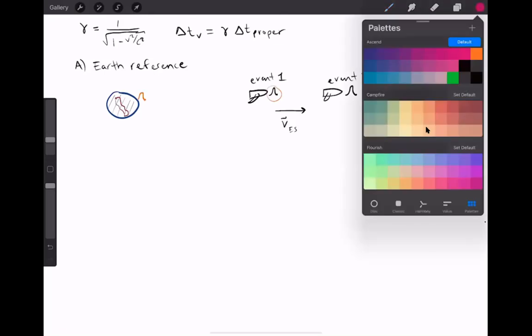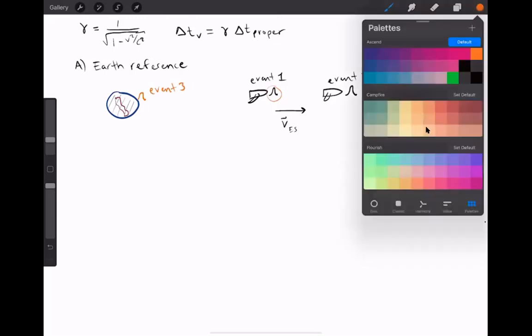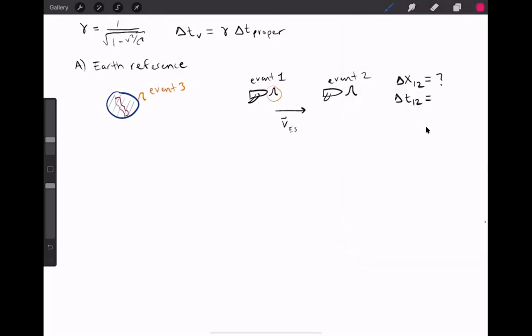Then this one in orange right here is event three, that's where you get it. Event two is when it happens on the spaceship. But then event four is going to be when it reaches Earth. So it's not exactly the same thing, right? It's not the 2 seconds.